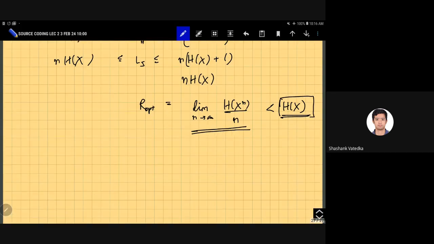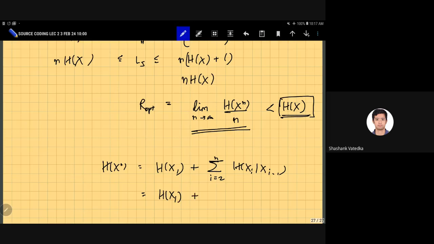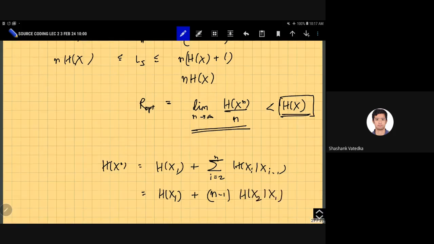For example, if you take a first order Markov source, then H(X^n) is H(X1) plus the summation for i going from 2 to n of H(Xi given Xi minus 1). This is easy to see. And if it's a time homogeneous Markov chain, then this is H(X1) plus n minus 1 times H(X2 given X1).